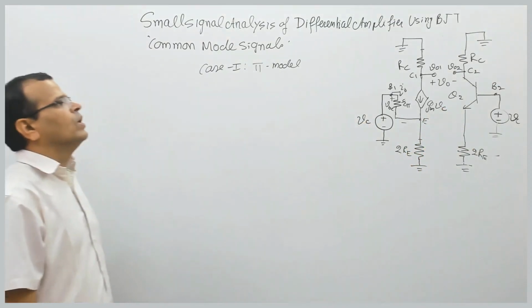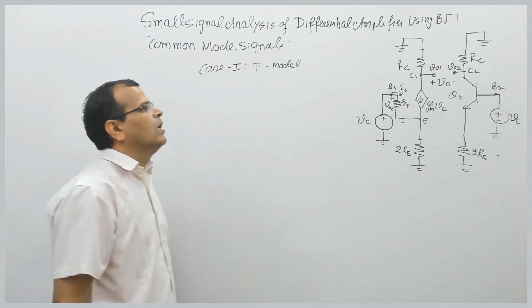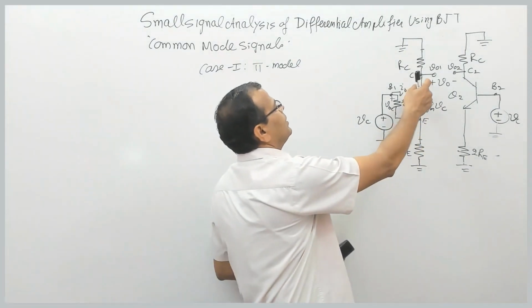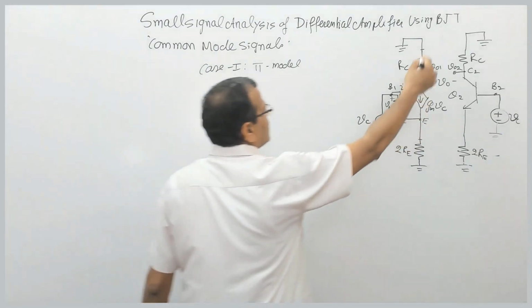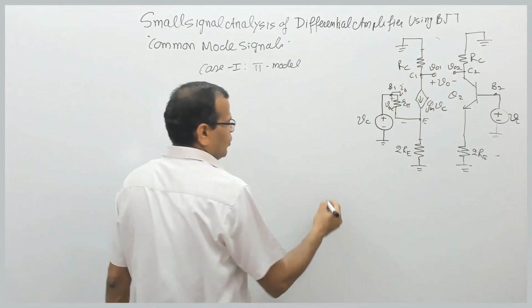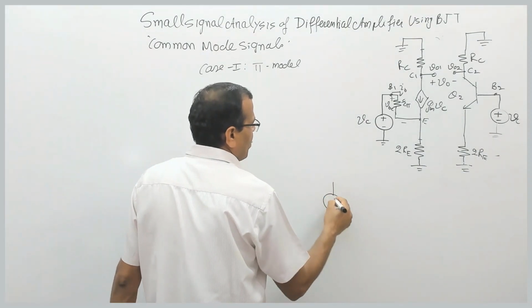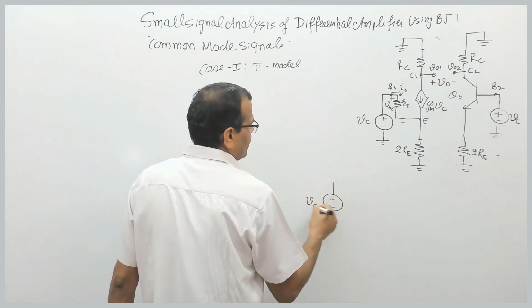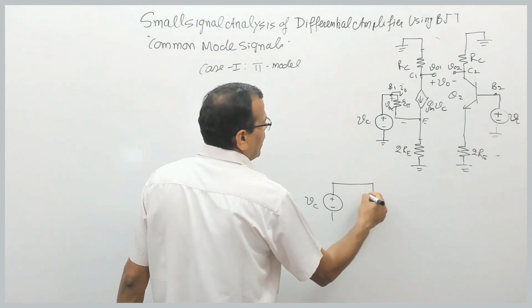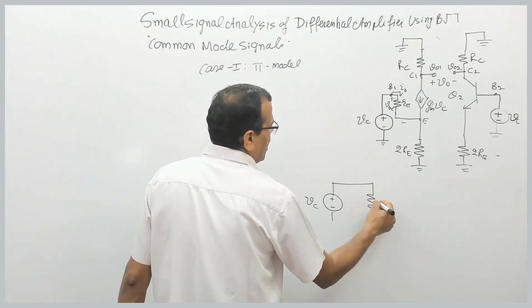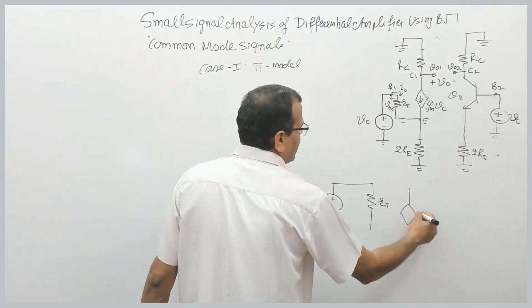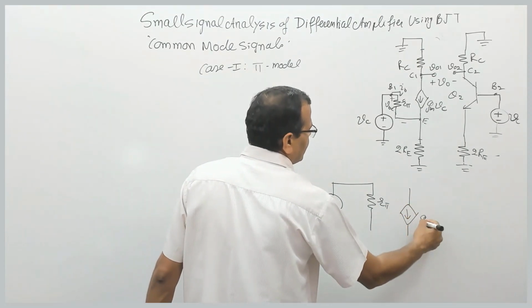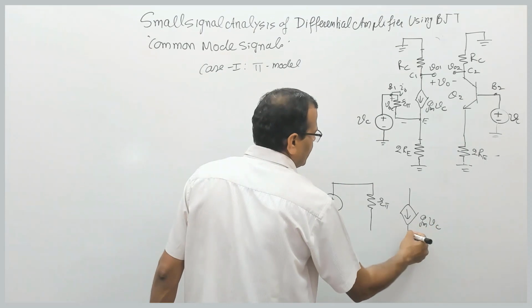Fine. So now I am taking just half of this circuit, so you can draw it like this. I have input voltage Vc, from there we have resistance r pi, then we have a dependent current source which is gm into Vc.